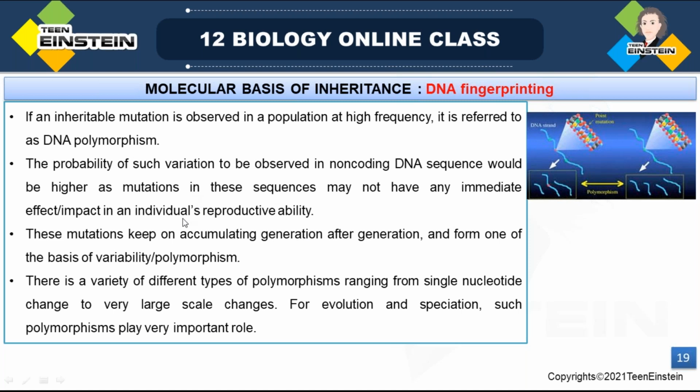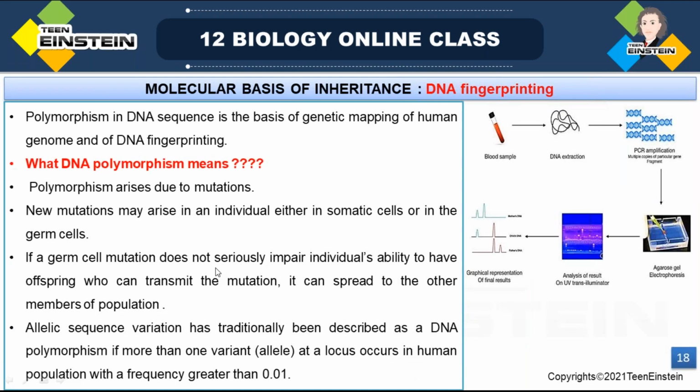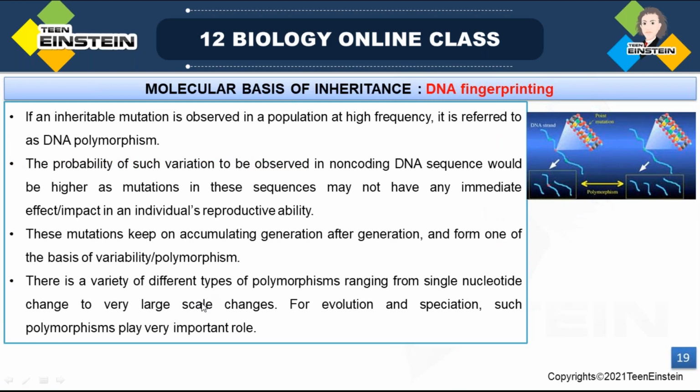So these mutations keep on accumulating generation after generation because they are not affecting the reproductive capacity. That variability forms the polymorphism, forming different types of variations.